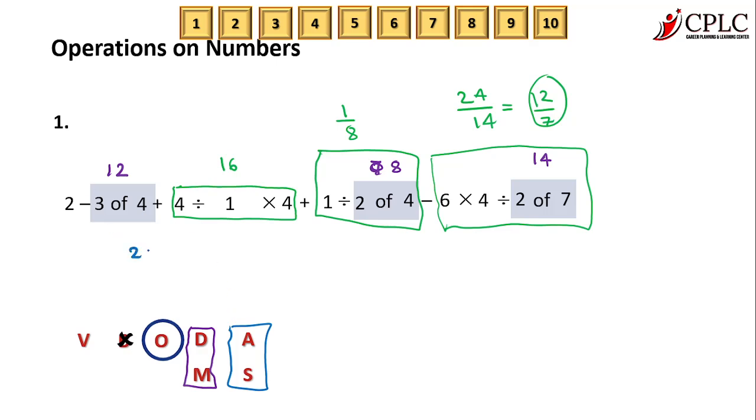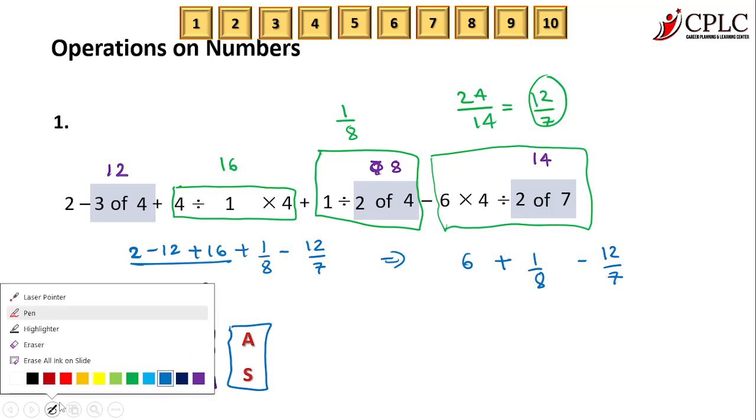So that becomes 2 minus 12 plus 16 plus 1 upon 8 minus 12 by 7. 24 by 14 is 12 by 7. So this becomes 2 minus 12 is minus 10, minus 10 plus 16 is plus 6. So this becomes now 6 plus 1 upon 8 minus 12 by 7.